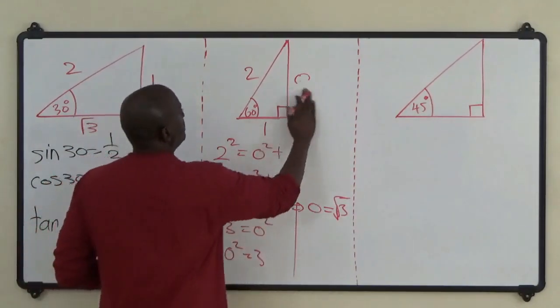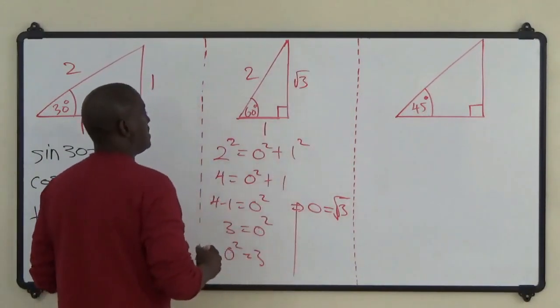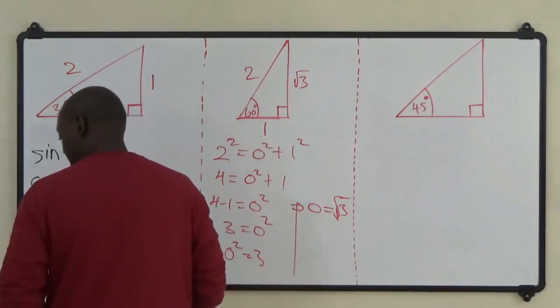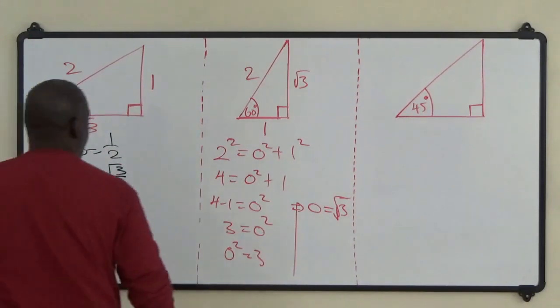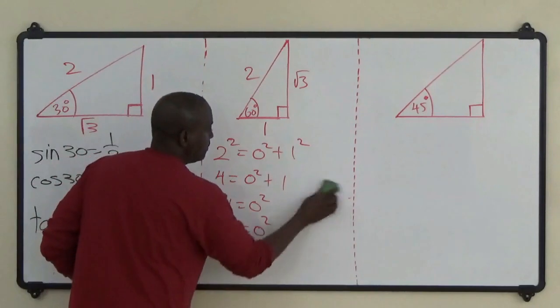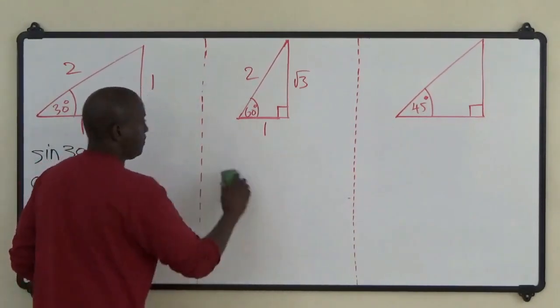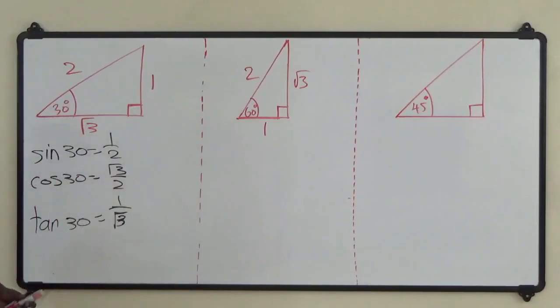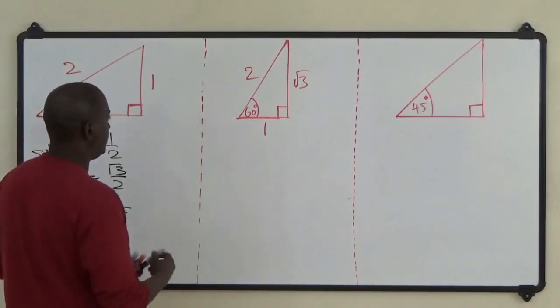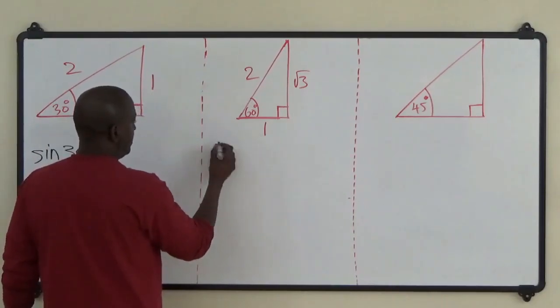So we're going to replace this O for opposite with root 3, just as we did across here for 30 degrees, which then puts us in a position where we can see, just as we did for 30 degrees, we start off with the cosine. So there we go.